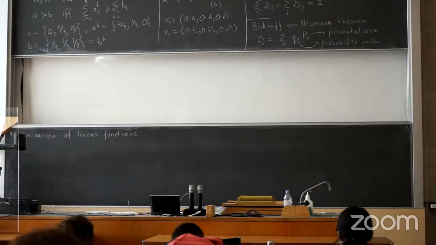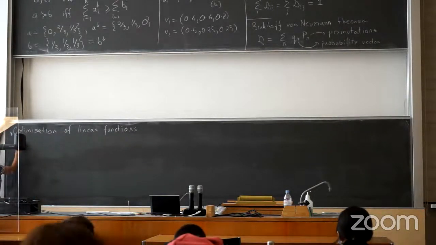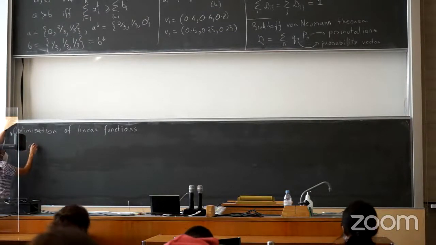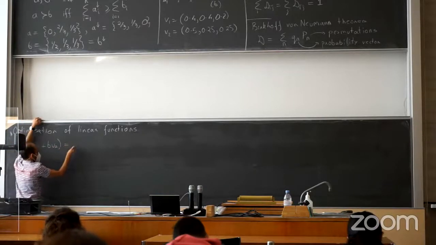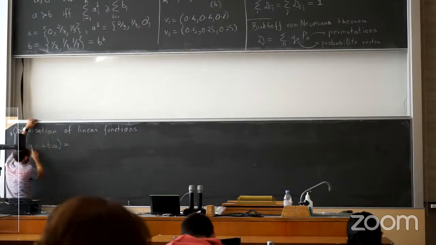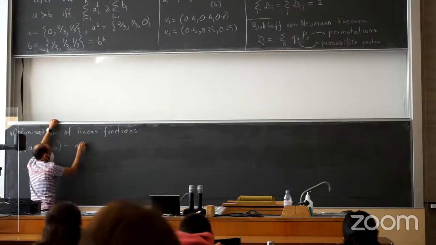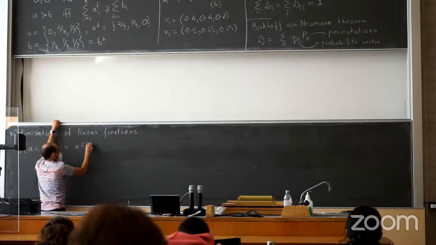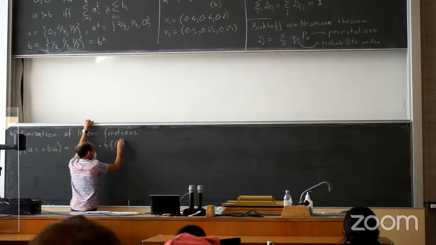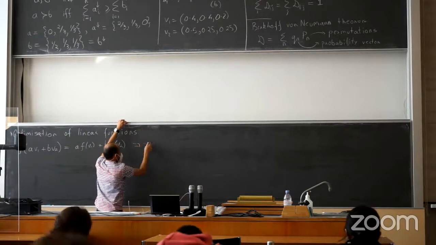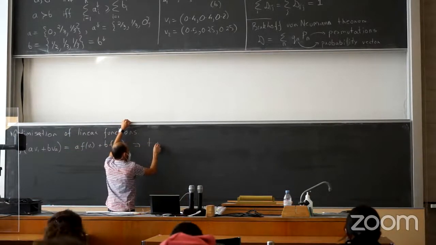So what is a linear function? A linear function is the following. If I have a function of a v1 plus b v2, and I can always write it, for any constants a, b in R and vectors v1 and v2, as a f(v1) plus b f(v2), then this implies that f is linear.